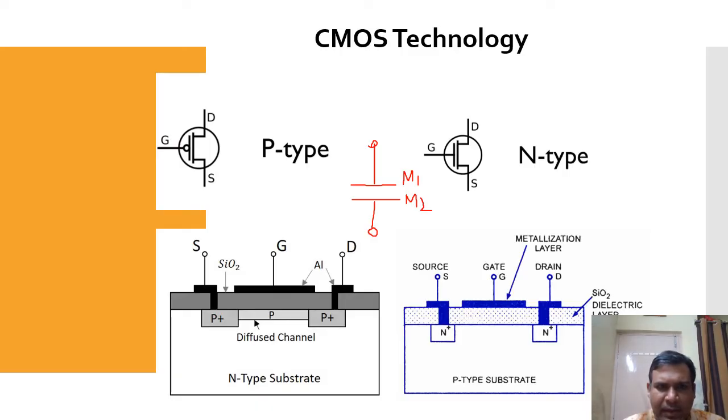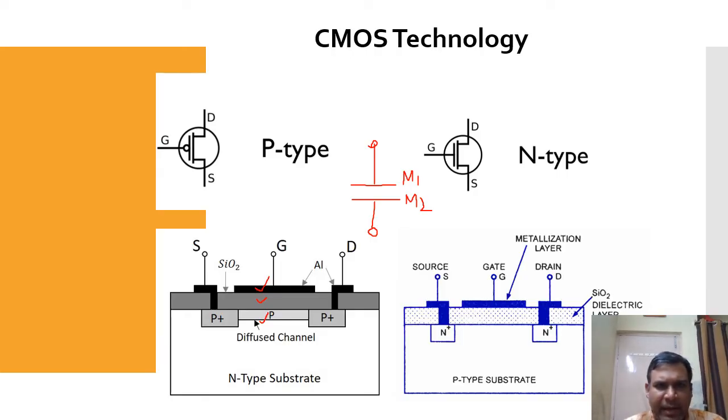Now if I consider this structure, the gate terminal is metal, this terminal is semiconductor, and the middle one is dielectric material. So metal, dielectric, semiconductor, whereas a capacitor is metal, dielectric, and metal. That is the difference.